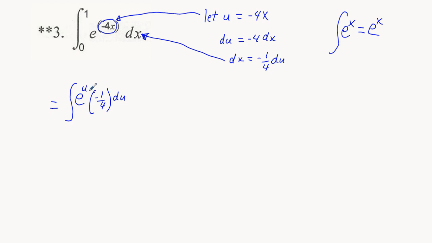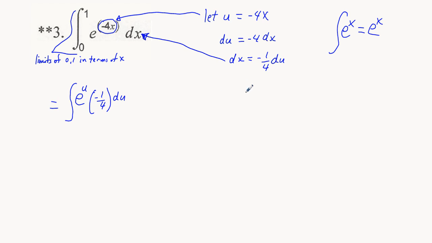But one thing that would be quite helpful to us is to change these limits. Now, these limits, or boundaries, of 0 and 1 are in terms of x. What would help us very much is to be able to change these limits to be in terms of u.